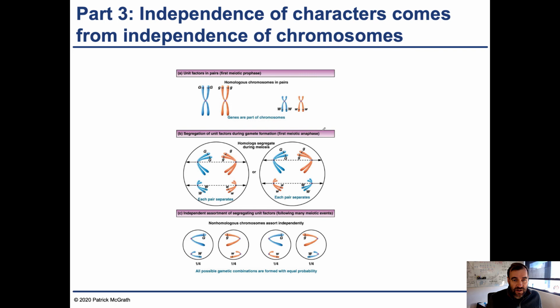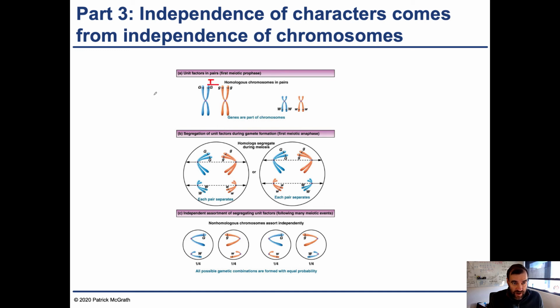Finally, the last thing to cover in this class is these ratios, and the work by Mendel assumes that the genes are inherited independently, or the characters are assorted independently. And so this comes from the fact that the genes he studied were primarily on different chromosomes. So this, for example, is chromosome 1.